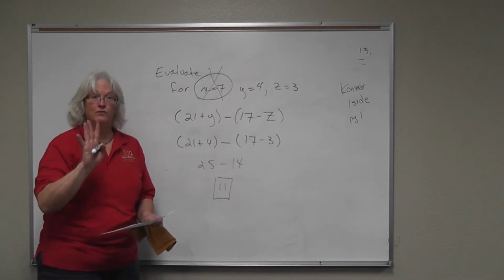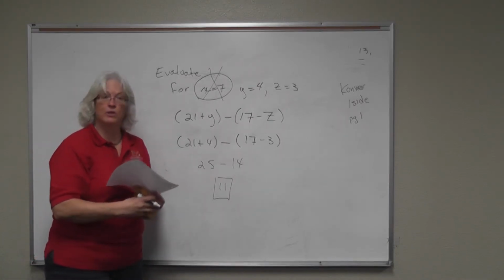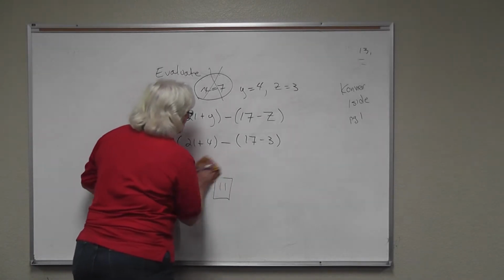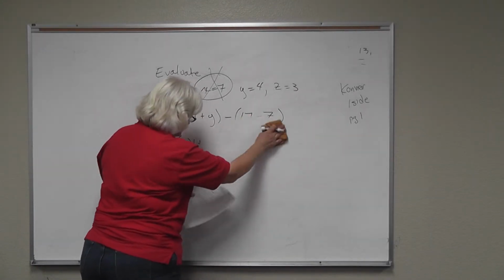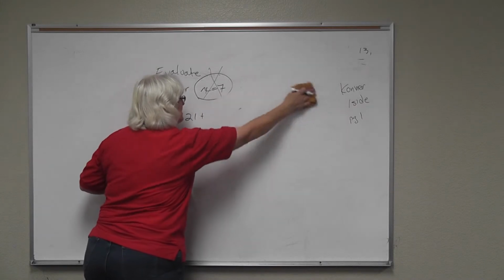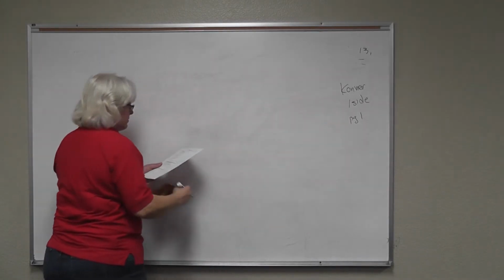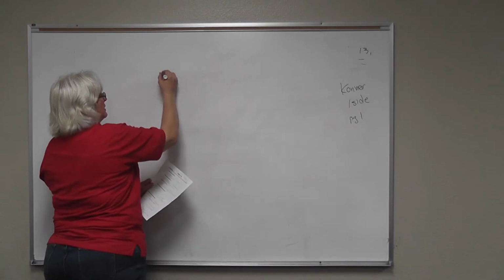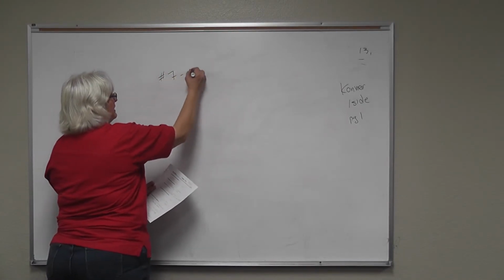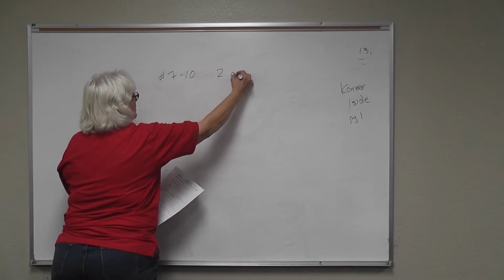Now, there are 4 problems where they're asking you to write an equivalent expression and name the property that you have used. These are 2-part questions. Number 7 to 10, these are 2 parts.